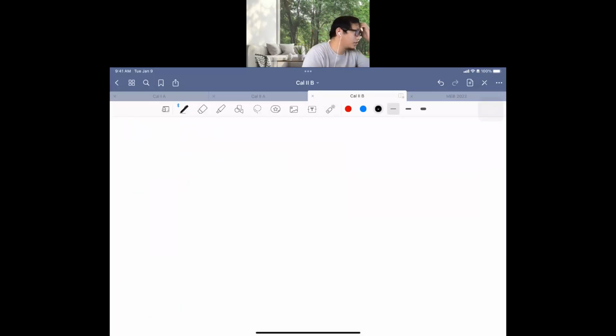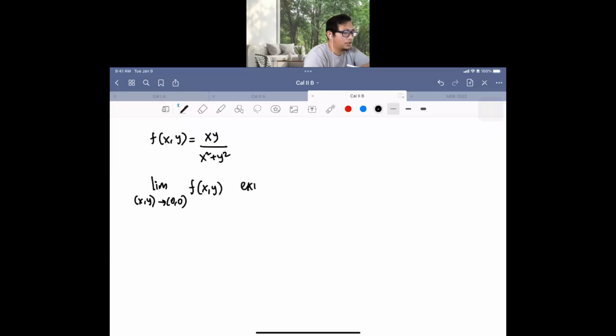Okay, now the other part is, let's say we have a function, and we take the limit as (x, y) goes to (0, 0), and it's asking whether it exists or not.